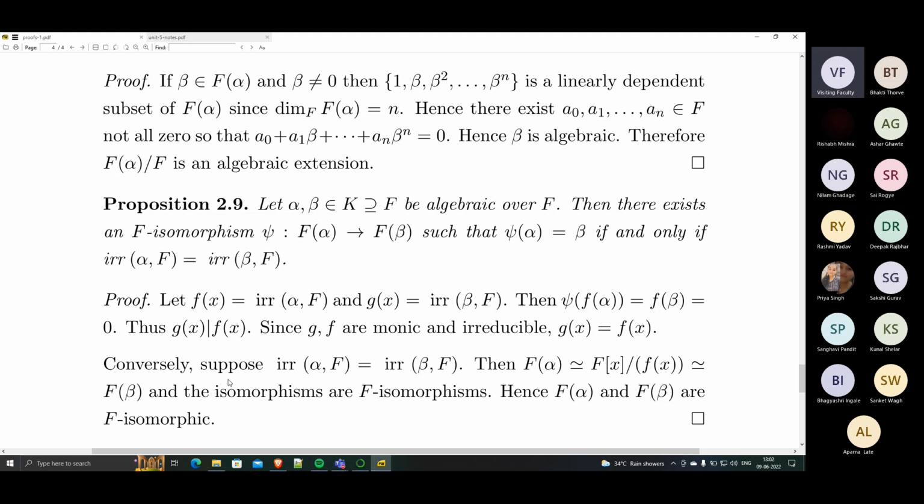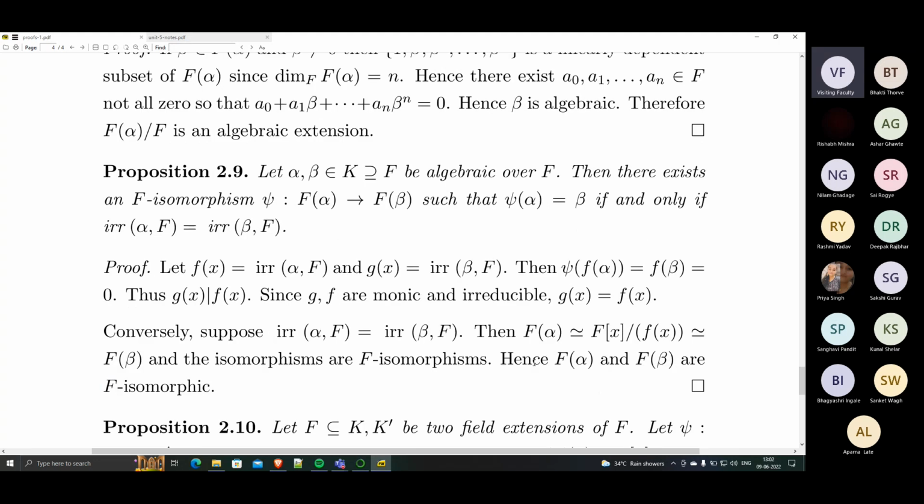And therefore it is isomorphic to F(beta) because beta is also algebraic. And both these isomorphisms are F-isomorphisms because elements of little f, the base field, are not at all moved. Only alpha gets replaced with beta and beta gets replaced with alpha when you go from one side to the other. So F(alpha) and F(beta) are just F-isomorphic.